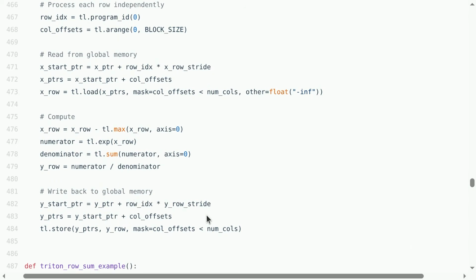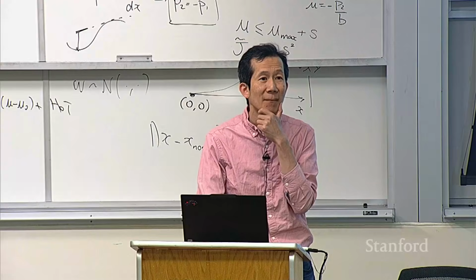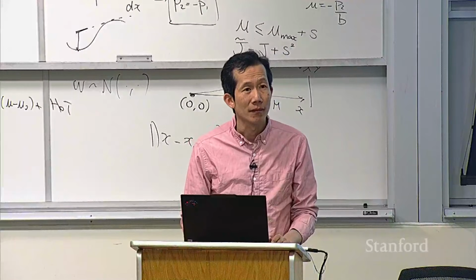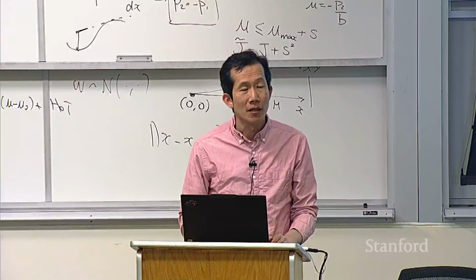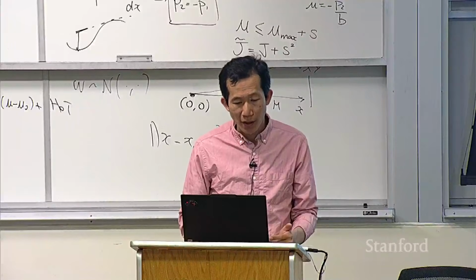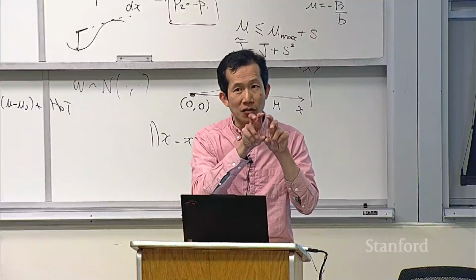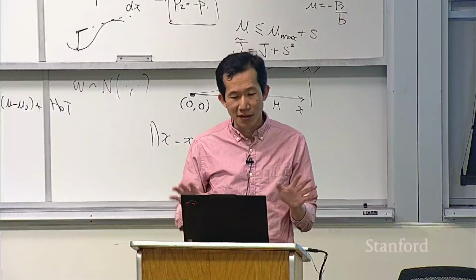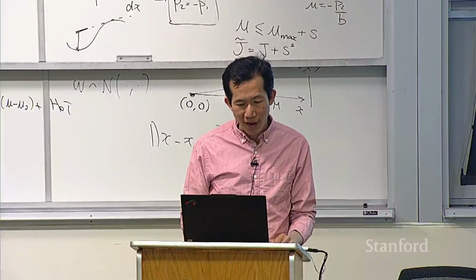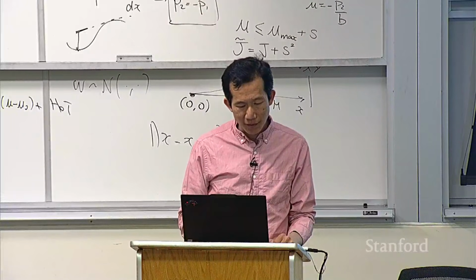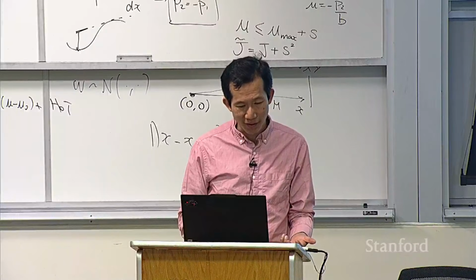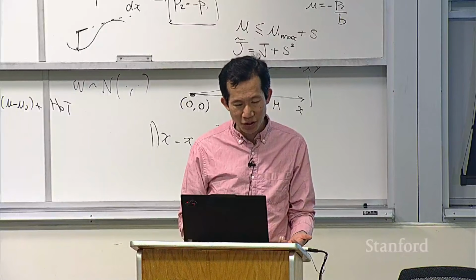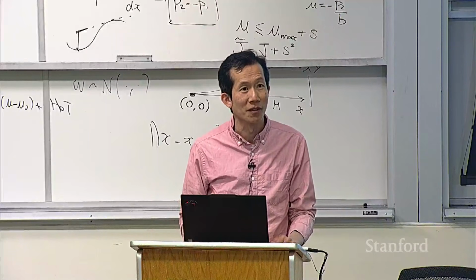This is the version where each block can just span the entire row. You can see that Triton makes this very easy, because it's as if you were just writing normal PyTorch code.